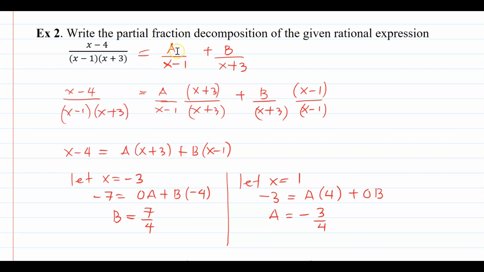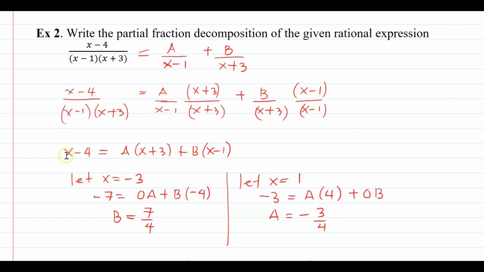The first fraction, A over x minus 1, we multiply by x plus 3 over x plus 3. The second fraction, B over x plus 3, we multiply by x minus 1 over x minus 1. Now our denominators are the same, so we can disregard the denominator and just write the numerators.